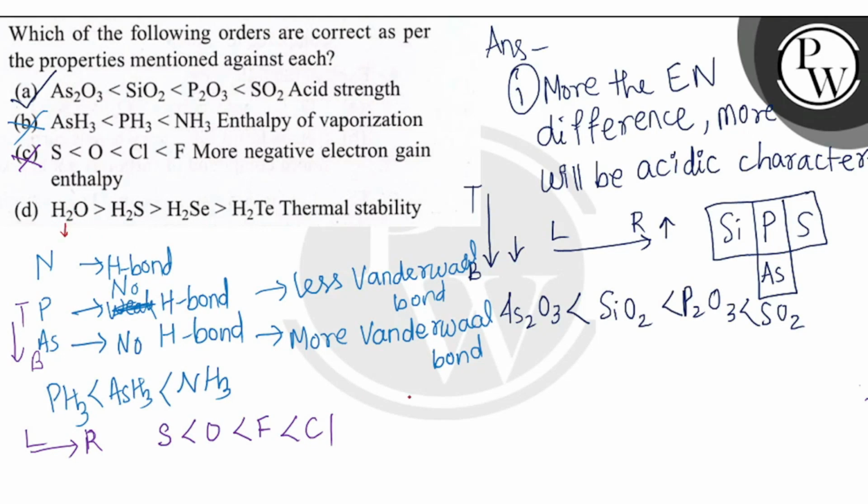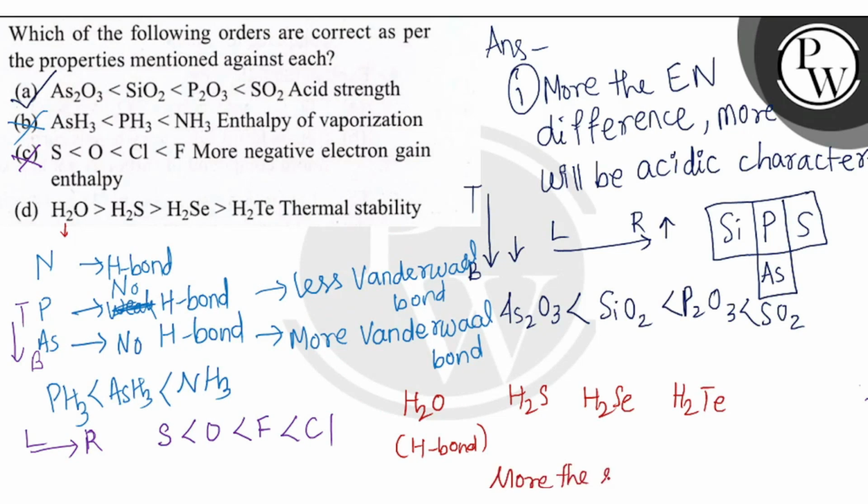H2O has hydrogen bonding due to more electronegativity, and H2S has less hydrogen bonding. Then H2Se and H2Te don't have any such bonding, and the more the size of the atom, the less will be the bond enthalpy or bond dissociation energy. And if bond dissociation energy becomes less, the thermal stability becomes less, because we can break it by giving less energy. So the thermal stability is highest in H2O, then H2S, then H2Se, then H2Te. So option D is the correct one.